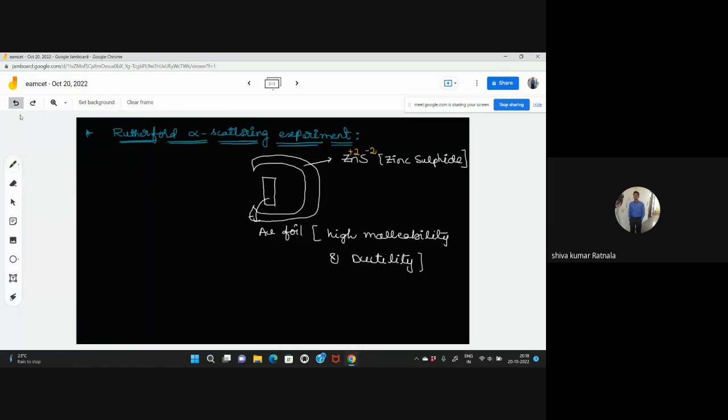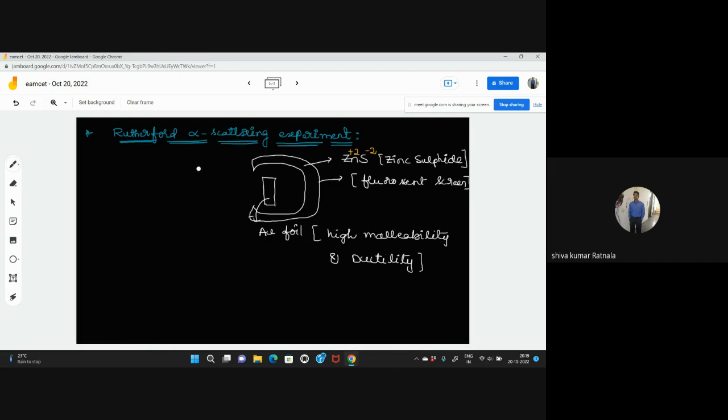The zinc sulfide screen acts as a fluorescent screen. Fluorescent screen means whenever light strikes on the surface, a tiny flash is observed. From that tiny flash only, we can identify the strike.